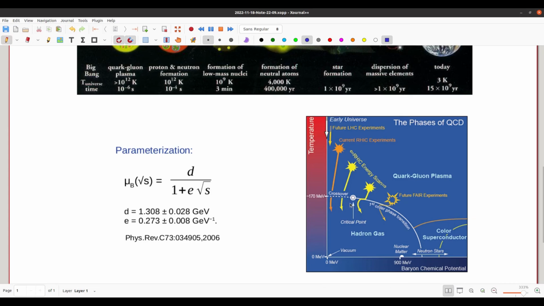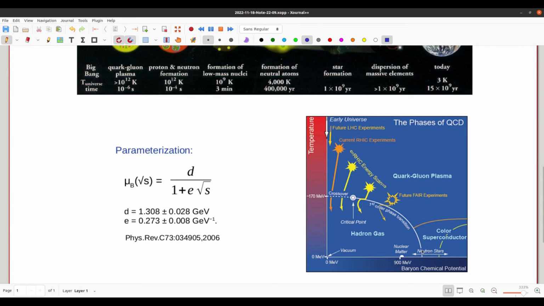So we are searching for this critical point from basic thermodynamics. Whenever a first order phase transition line ends, we have a critical point. This is the point we are searching for in the experiments. Here also we have a first order phase transition, and this line will end at some point.